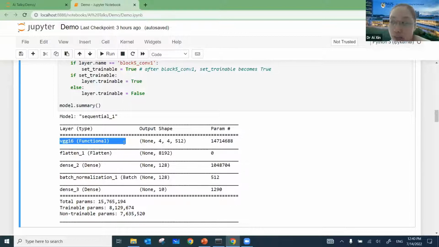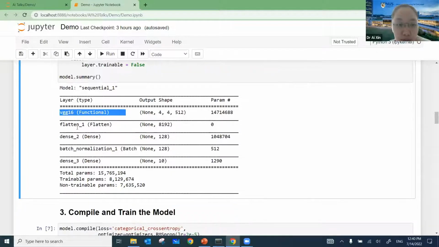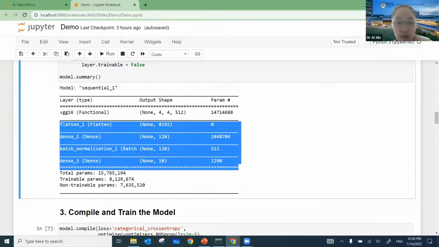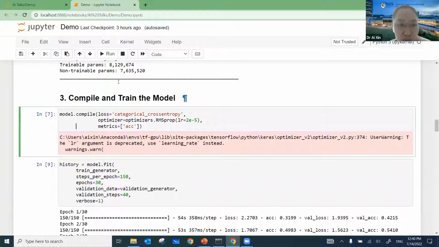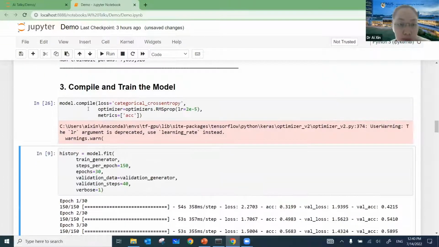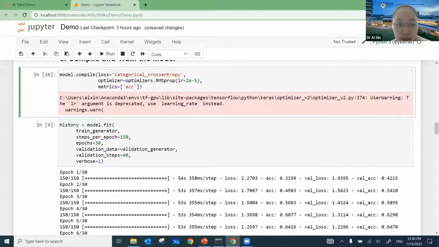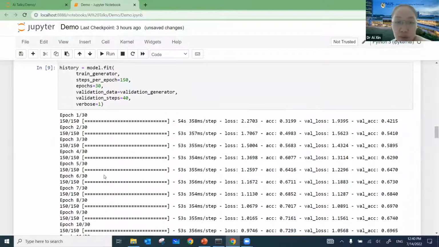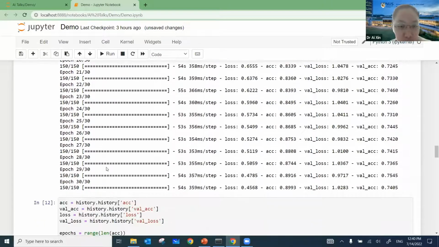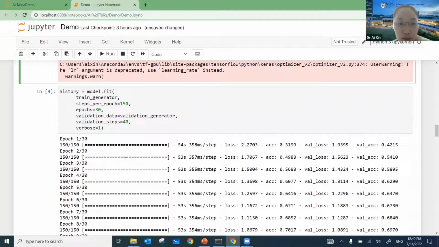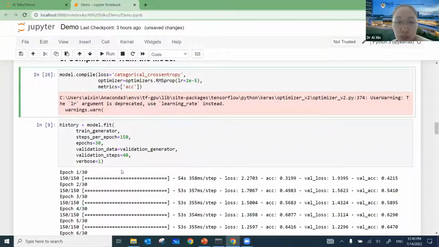So I freeze most of the model, and I will only train the simple layers I added. To train the model, you just need to compile it, and then you can train it. I will not demo the training. It takes around 30 minutes. Each iteration is around 1 minute for me to train such a simple model.